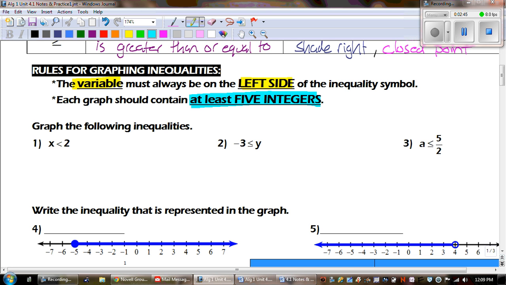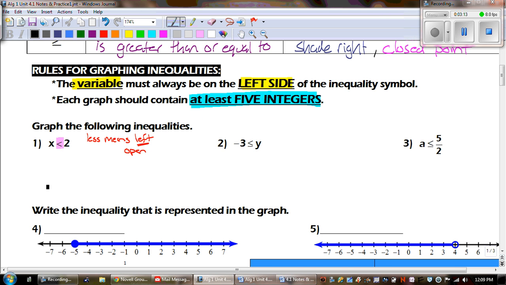Okay? So, as we're graphing this, the first thing that we need to pay attention to is what's our symbol. It's less than, and remember that less means left. Now, I know that we're going to shade to the left, and it's going to be an open point.